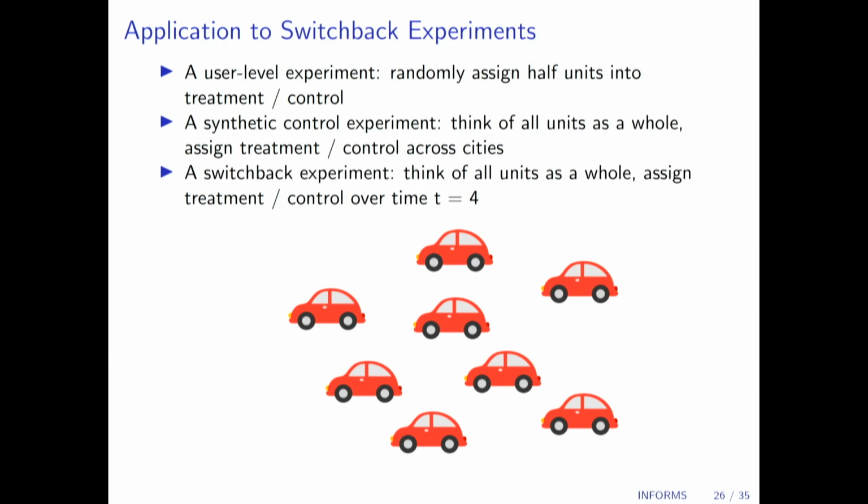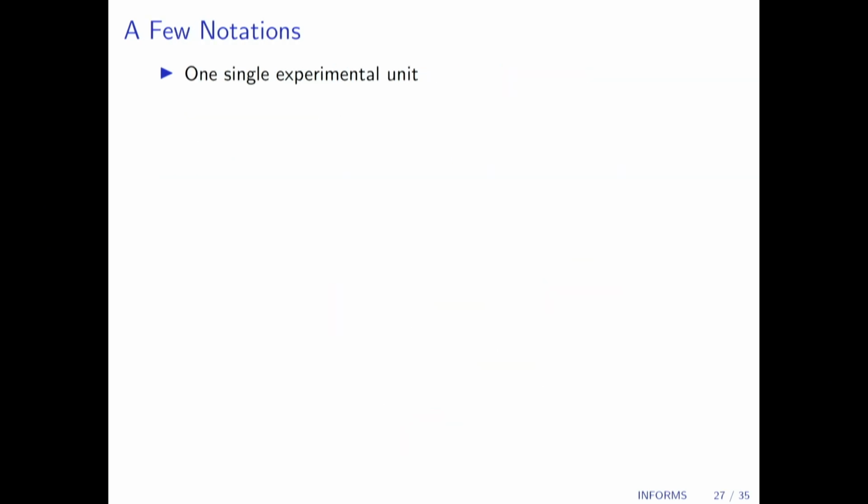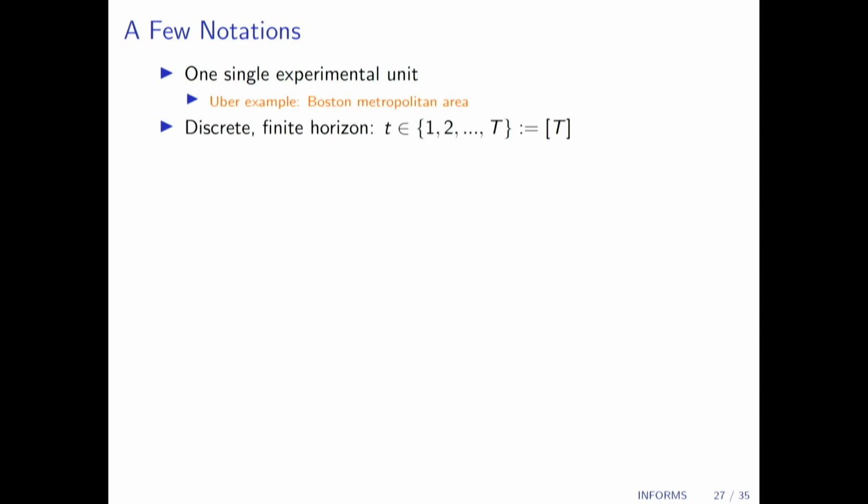So I happen to have some work in the synthetic control design and also the switchback design too. So now let's quickly look at how we define a switchback experiment. In a switchback experiment, we usually only have one single experimental unit, but we have multiple time periods. The single experimental unit in this case could be the Boston metropolitan area. And then there are multiple time periods.